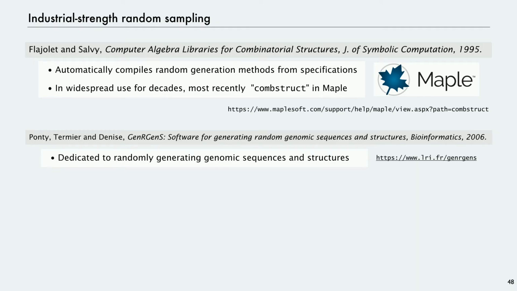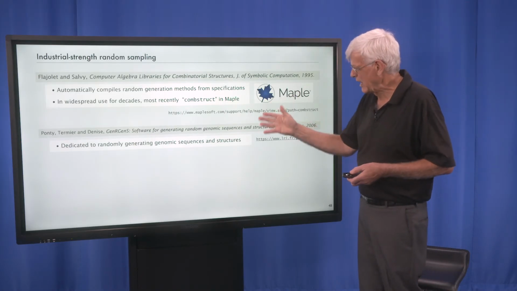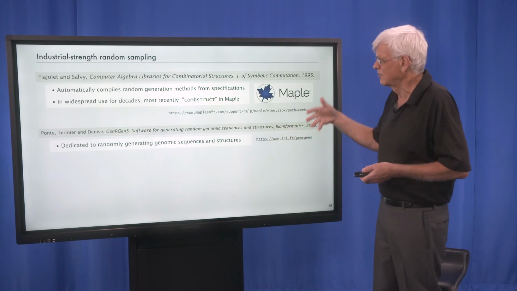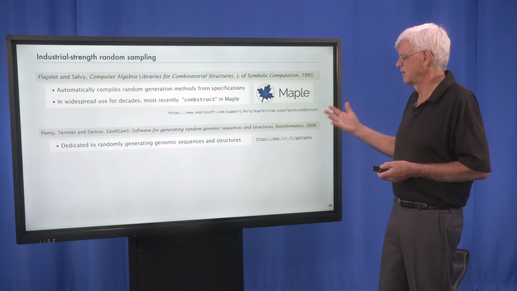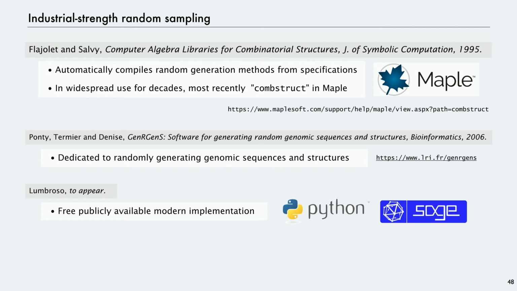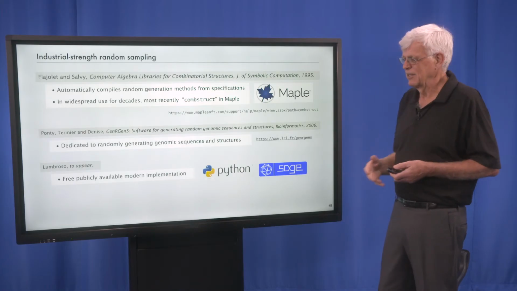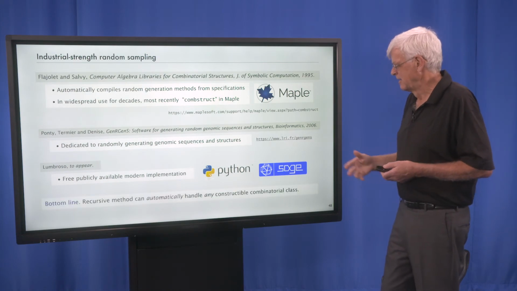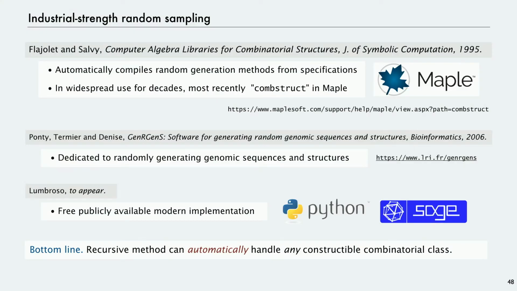I mentioned the random genomic sequence application, and this is another open source package for generating random genomic sequences and structures based on the recursive method. And soon a modern implementation is going to be available in Sage and Python. The bottom line is that with the recursive method, we can automatically handle any constructible combinatorial class.